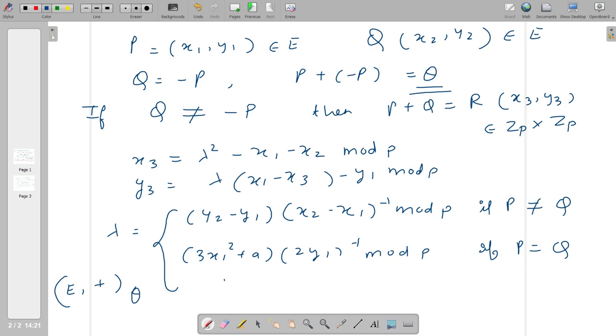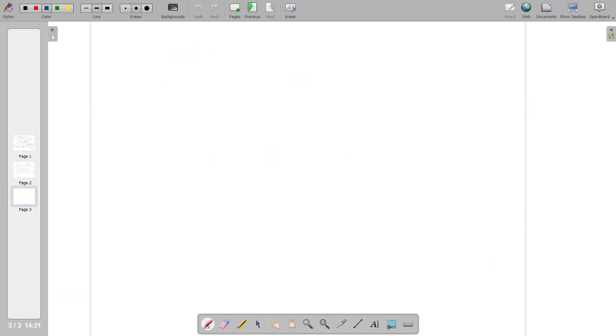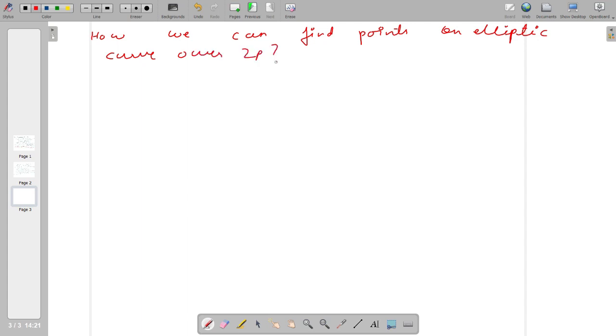So the question is, how can we find points on an elliptic curve over Zp?